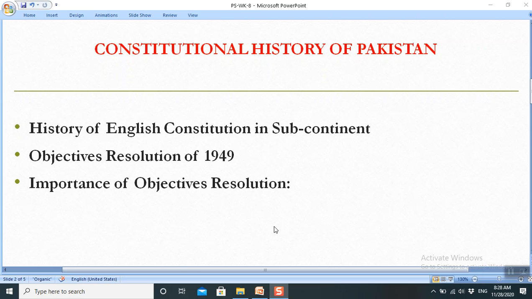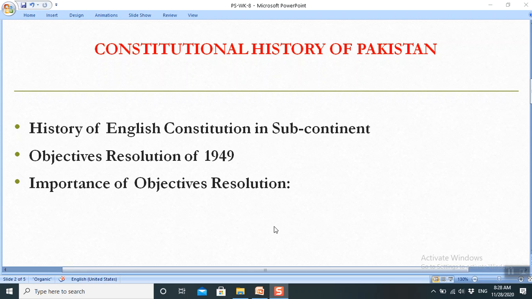Those nations who had constitutions and later implemented them with the true spirit of law, they survived and they championed in every field.